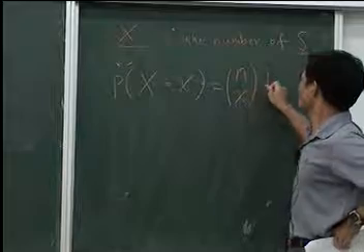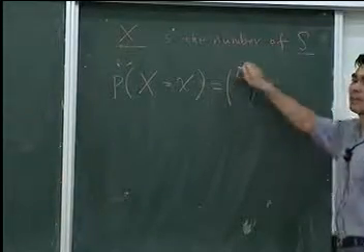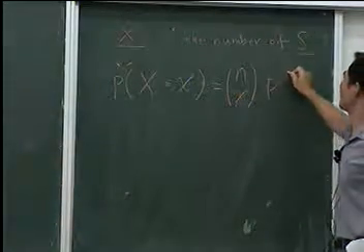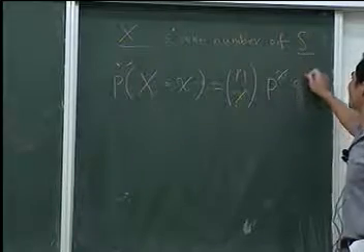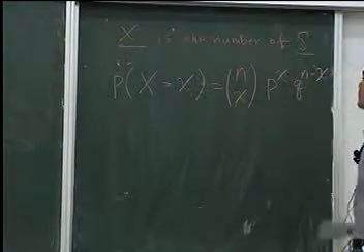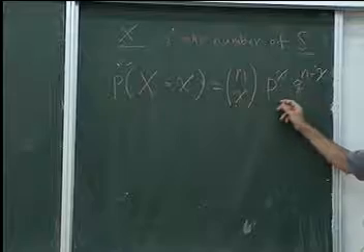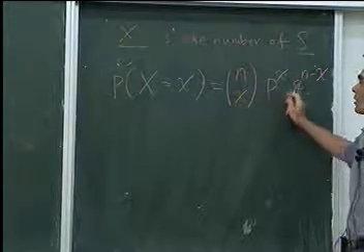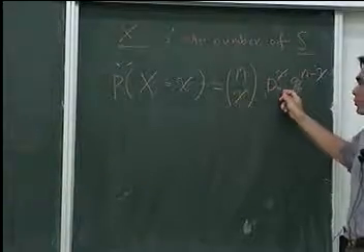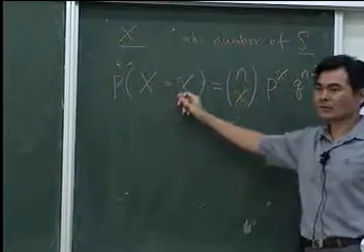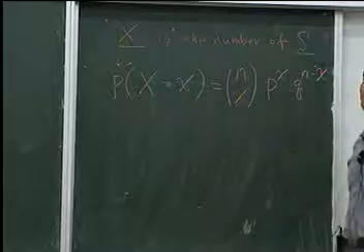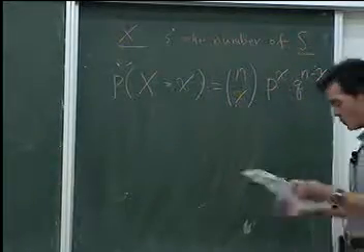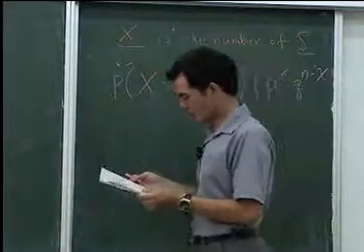And the probability is this combination times p to the x power and times q to the n minus x power. So this is the probability function of a binomial distribution. If it is a binomial distribution and you want to know the number of successes, this is the probability function. Any questions so far?